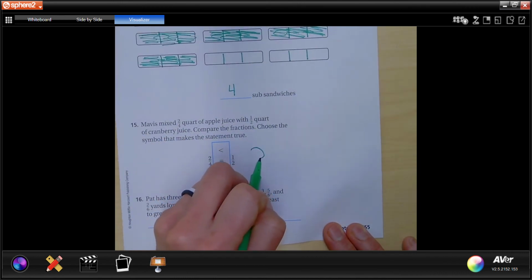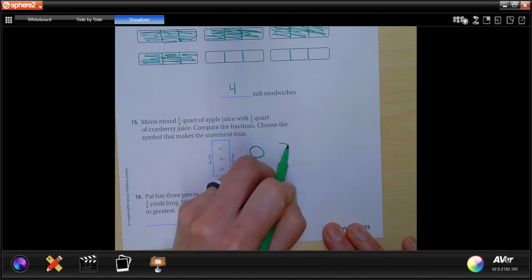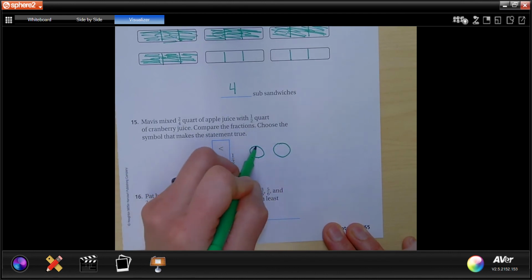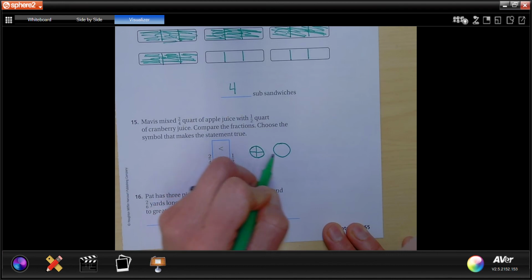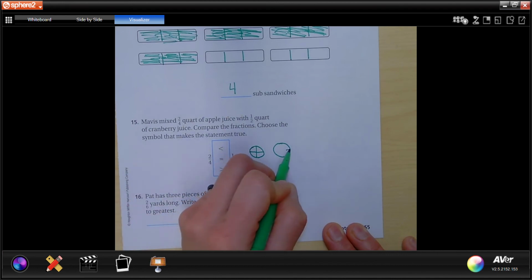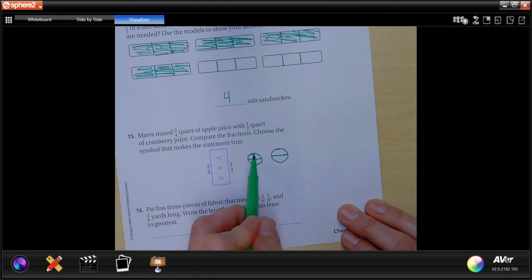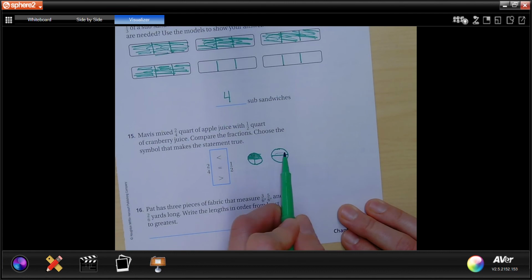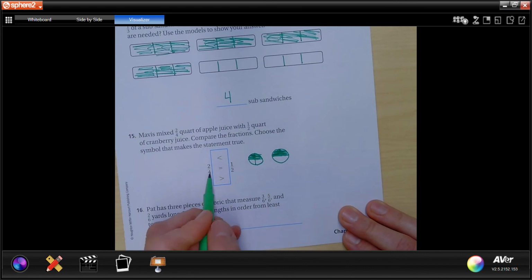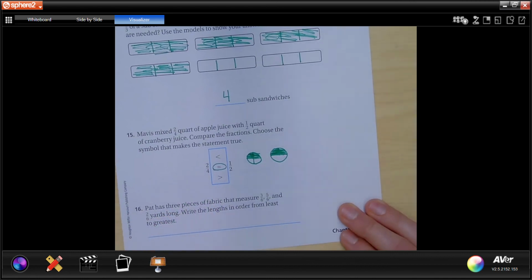Okay, so 2/4, 1 out of 2. Is this one smaller than this one? No. Is it bigger than this one? No. They're equal. So 2/4 is equal to 1/2.